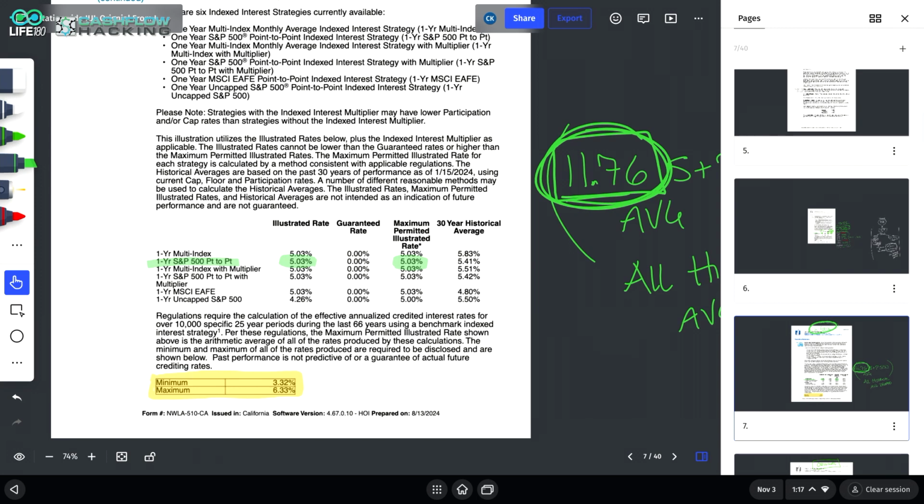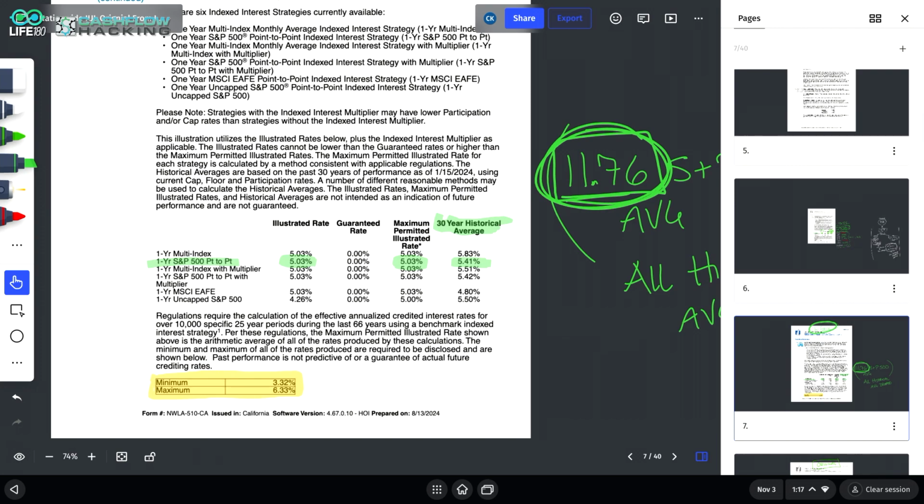Now, all of a sudden, that 5.03% is the maximum illustrated rate, and the 30-year historical average in this S&P, based on the variables, is 5.41%. Why is that? It's because they've had shifts in the way that these policies actually calculate things, okay?